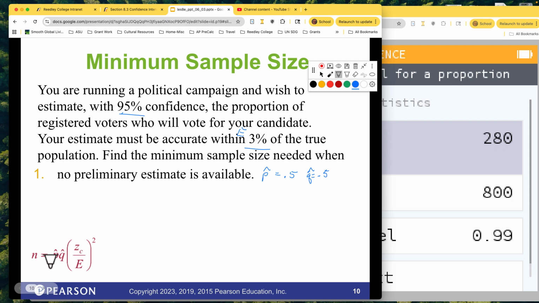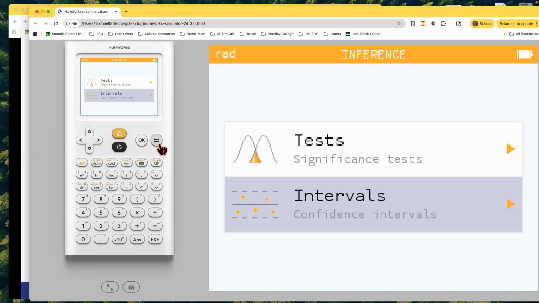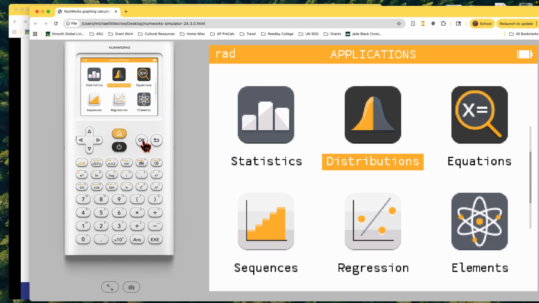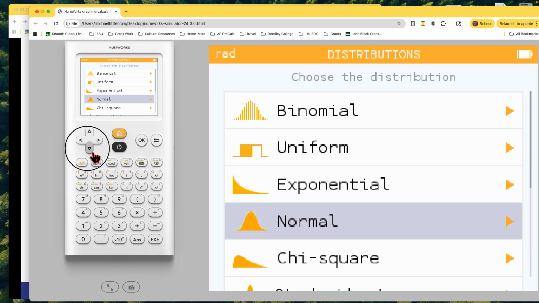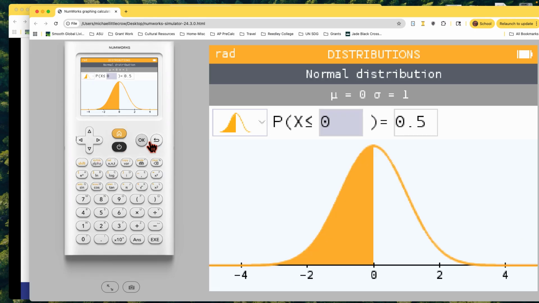And so this calculation, remember the 95%? If you didn't, we'll do that real quick. We can get that by going back to distributions. And we can use the normal distribution, standard normal.